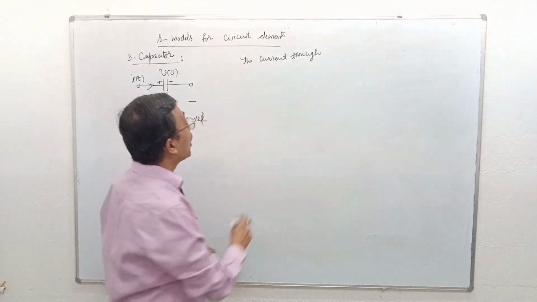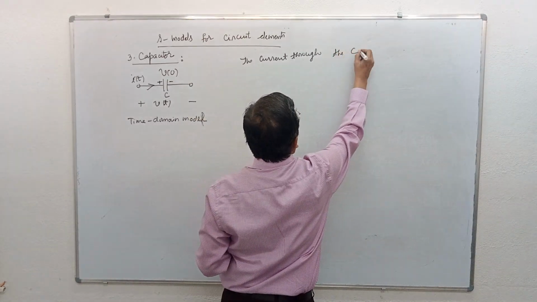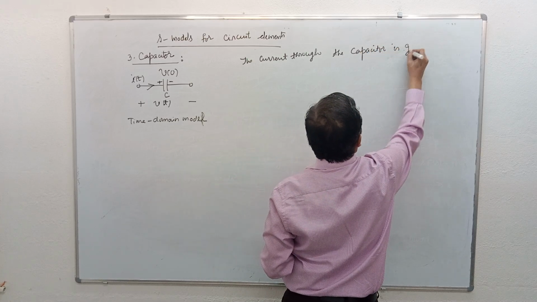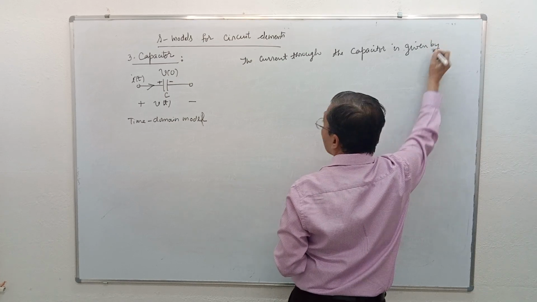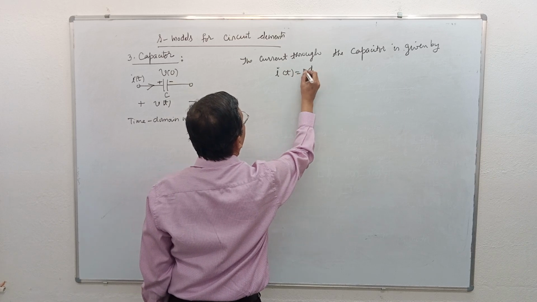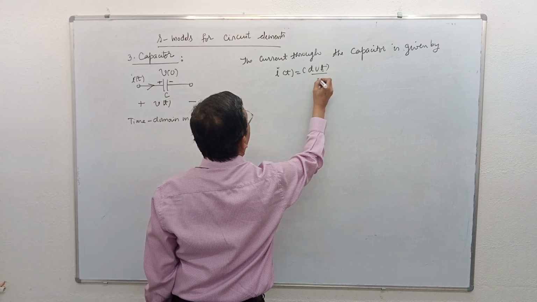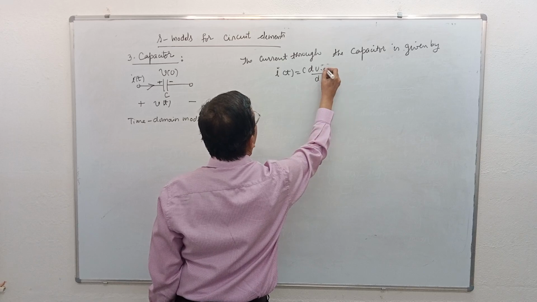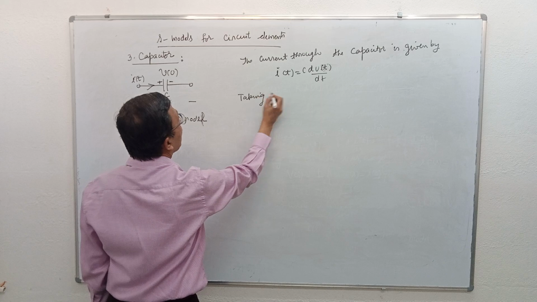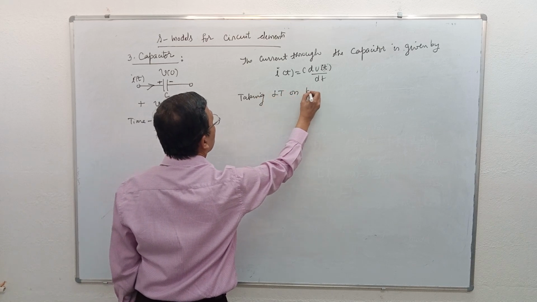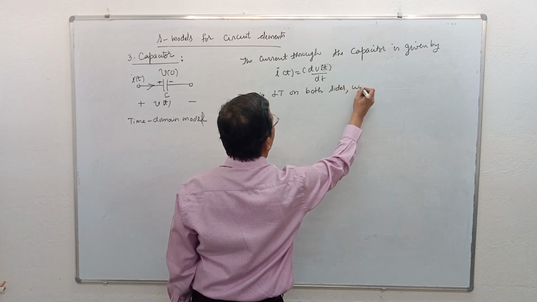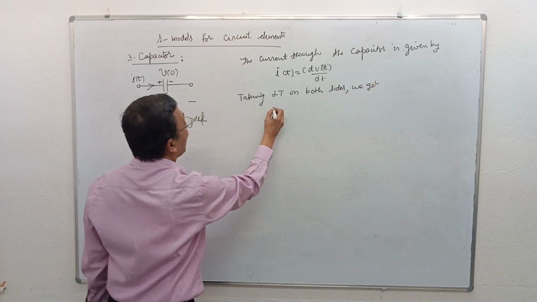The current through the capacitor is given by i(t) equal to C into dv(t) by dt. Taking Laplace transforms on both sides, we get I(s).